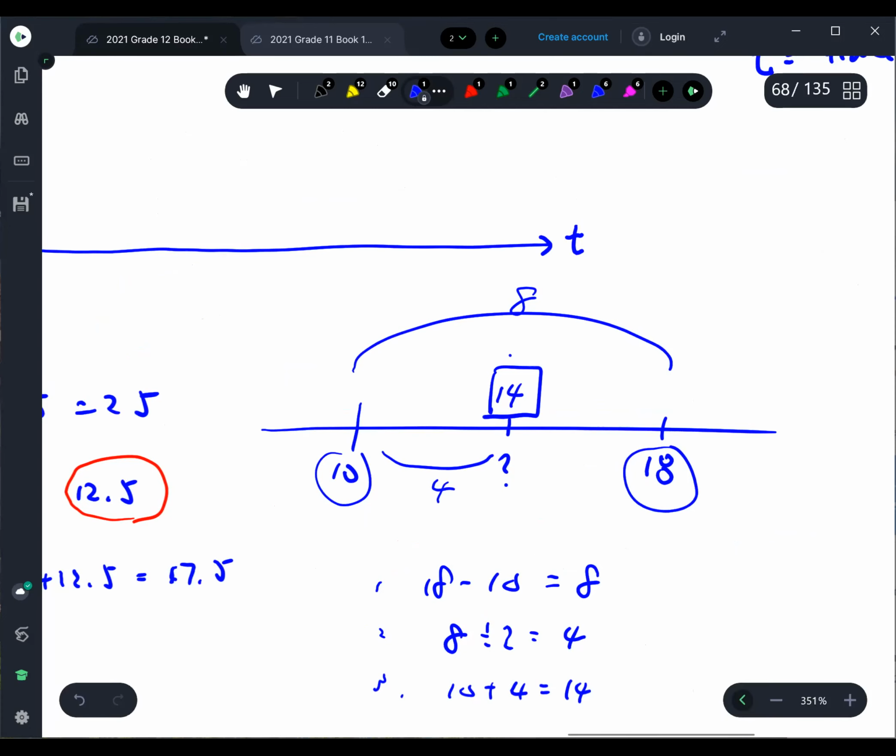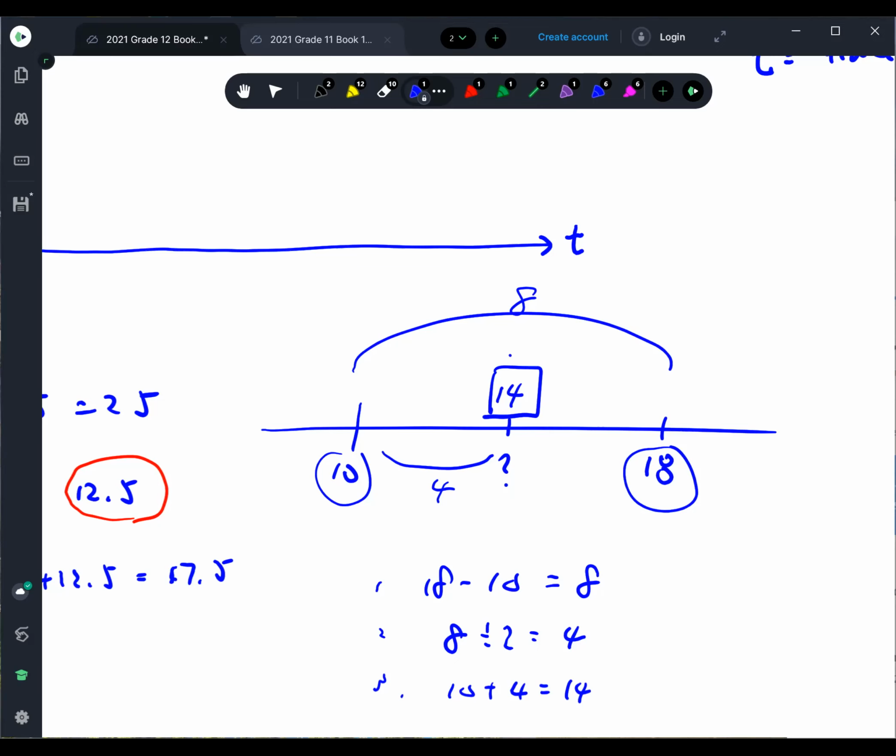How do you normally find the average of your marks? Chris? Do you add them together and divide by the number of things? Yes. So first test, you have 18, second test, you have 10, right? So you have 2 tests.